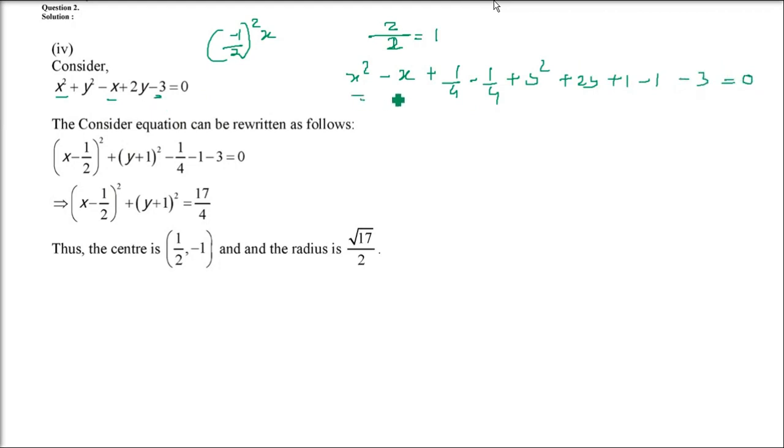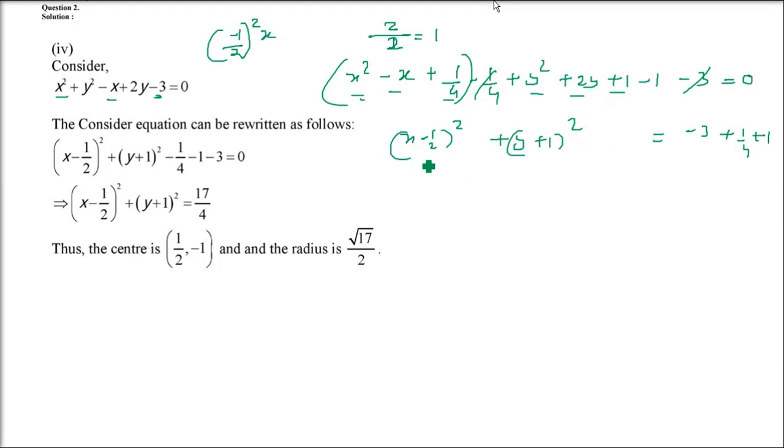So from here, you get x minus 1 by 2 whole square, that is one perfect square. Then I am taking everything to the right hand side: 3, 1 by 4 and 1 all go to the right hand side, so plus 3 plus 1 by 4 plus 1. Making it a perfect square, y plus 1 whole square.